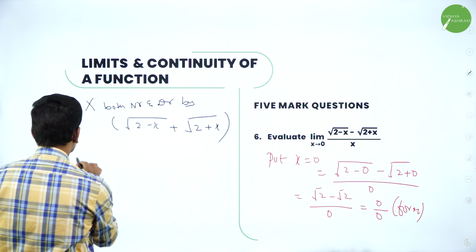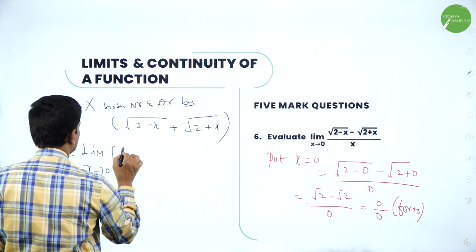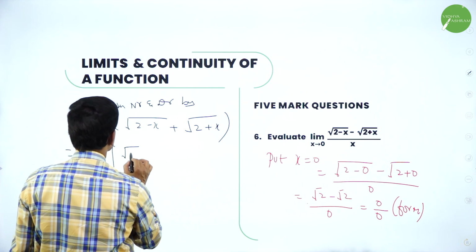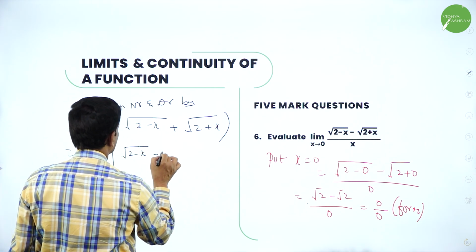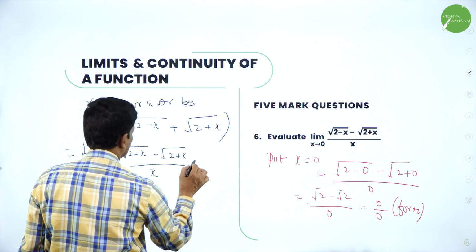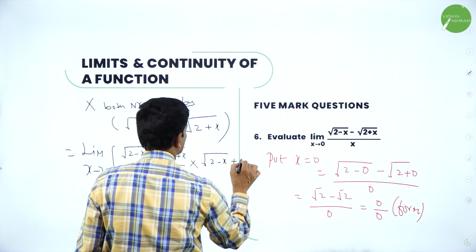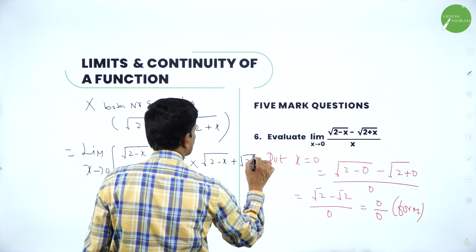Rationalizing the numerator, this can be written as limit x tends to 0 of square root of 2 minus x as it is, minus square root of 2 plus x divided by x, the given problem. Multiply and divide by root of 2 minus x plus root of 2 plus x.